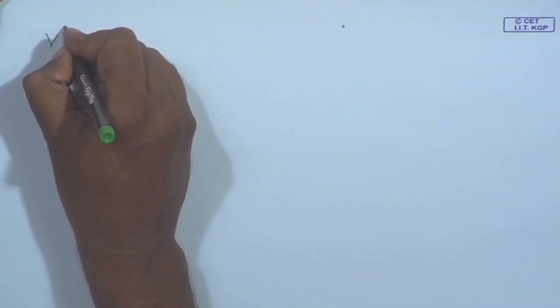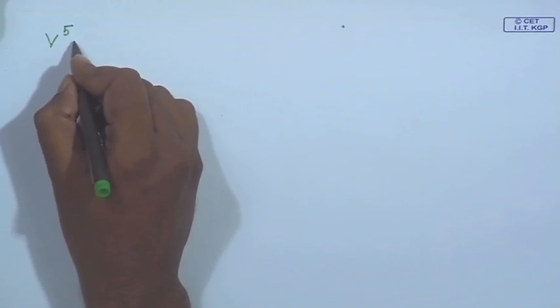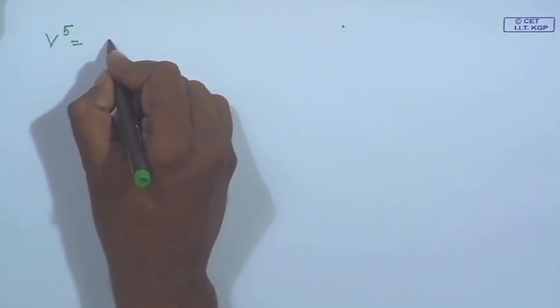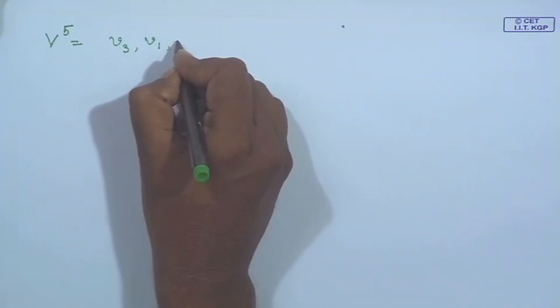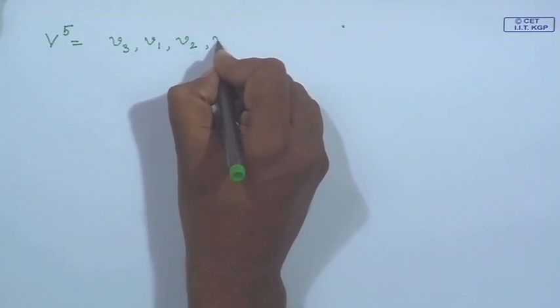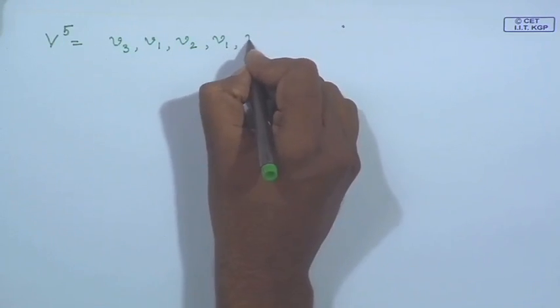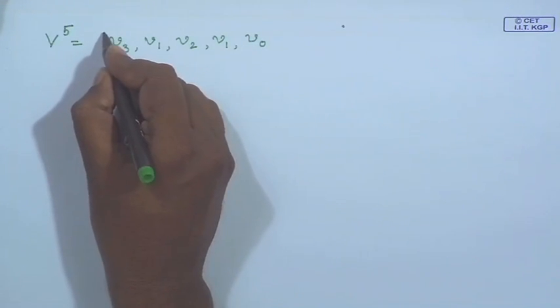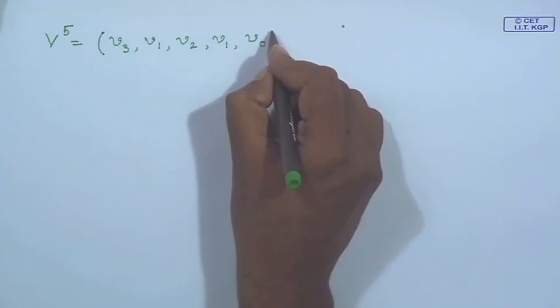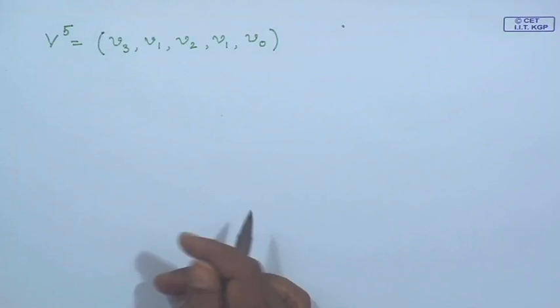Suppose we have a sequence of 5 symbols, which are V 3, V 1, V 2, V 1 and the final one, as we said, has to be V 0. So, this is the sequence of symbols V 5 that we have.